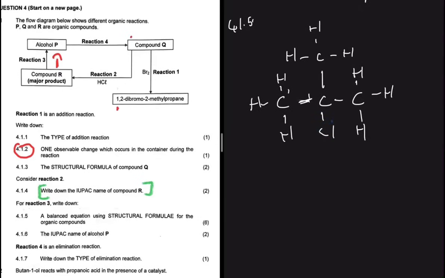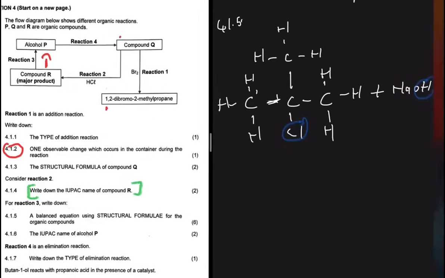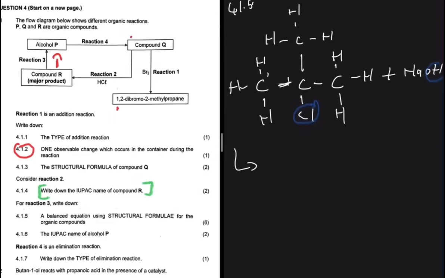We're going to say, let me move it on the side just a bit. So we're going to say plus NaOH. We want to replace the Cl with an OH, but where will the Cl go? It will come here to the Na, right? So ultimately this will be our product.